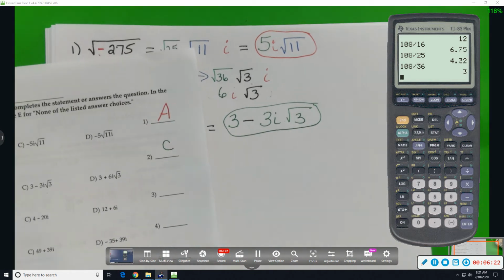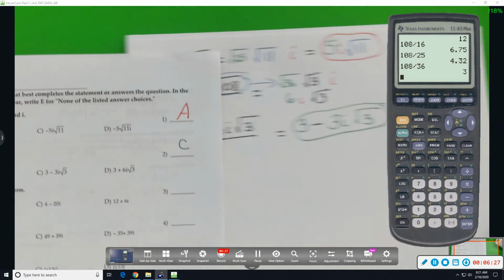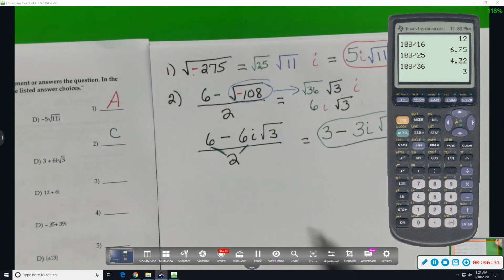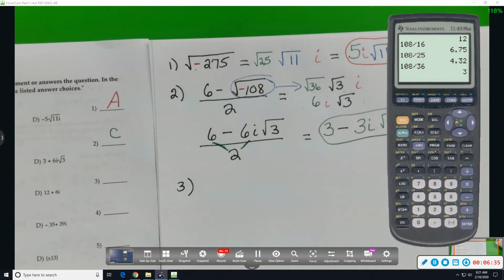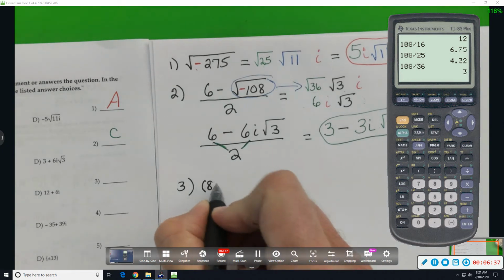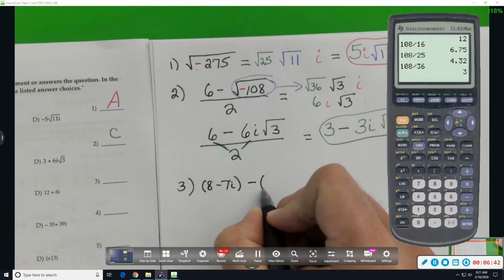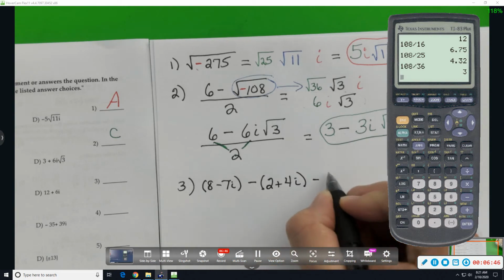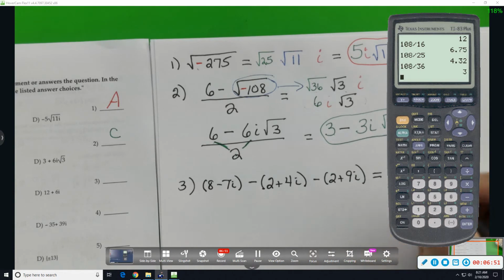Now, let's do problem number 3. Problem 3. 8 minus 7i minus 2 plus 4i minus 2 plus 9i. Well, here, what are we doing?